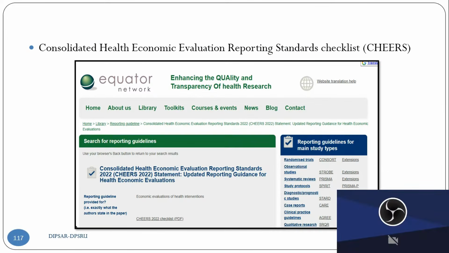This is CHEERS, which you might have heard about: the Consolidated Health Economic Evaluation Reporting Standards checklist. Read about this one as well. What are the checklist items, right?